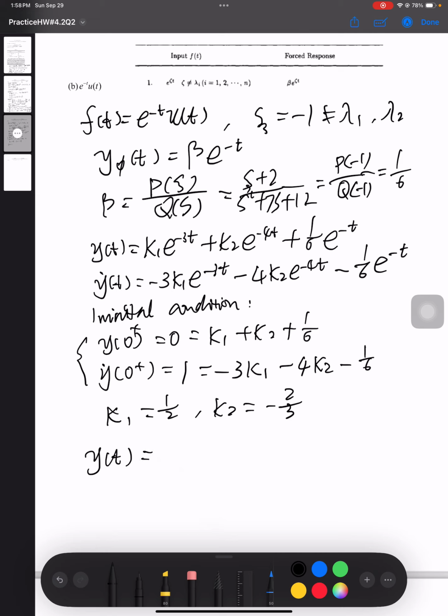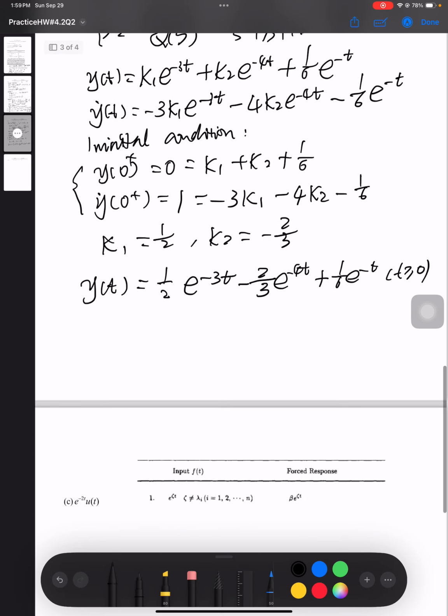The output is y(t) equals 1 over 2 e^(-3t) minus 2 over 3 e^(-4t) plus 1 over 6 e^(-t), for t larger or equal to 0. This is the solution of this one.